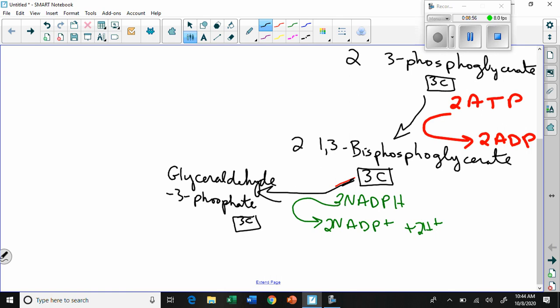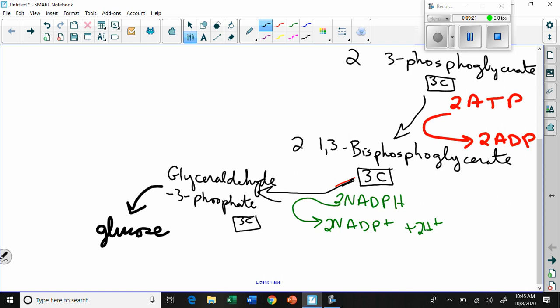is going to basically go this way and follow the reactions of glycolysis in reverse and be converted into glucose. Okay? So that's where the glucose comes from. Now this arrow, I want you to make a note here. I can't write it in on my picture. There's not enough room.